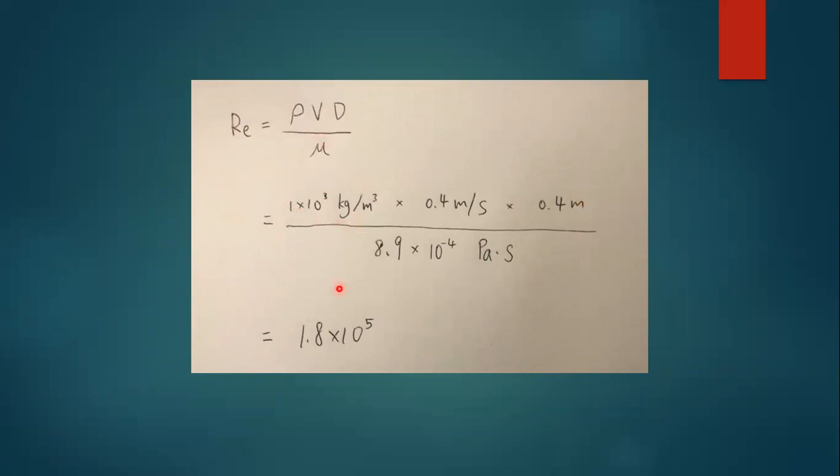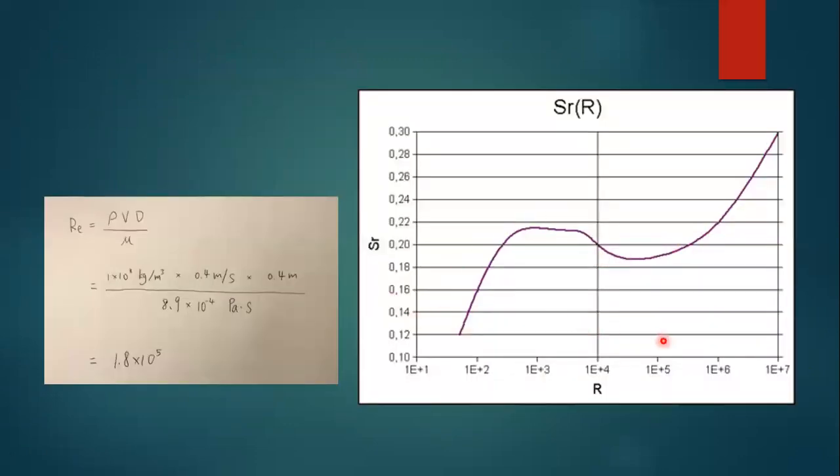So we sub in all the values, and we get 1.8 times 10 to the 5. And according to this figure, when the Reynolds number equals 1.8 times 10 to the 5, the Strouhal number is approximately equal to 0.2.